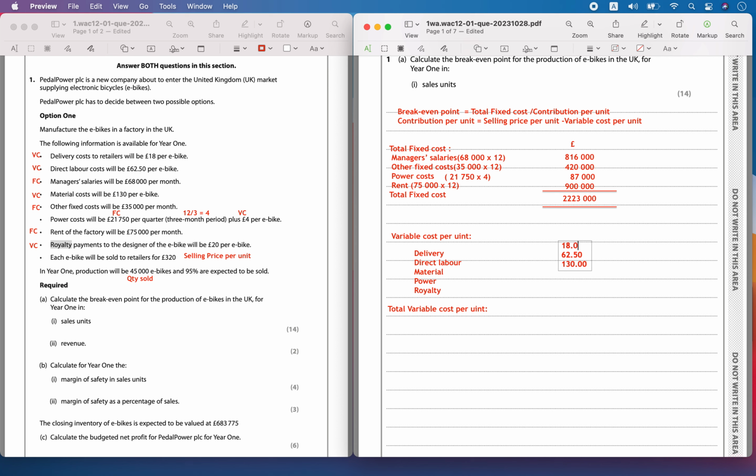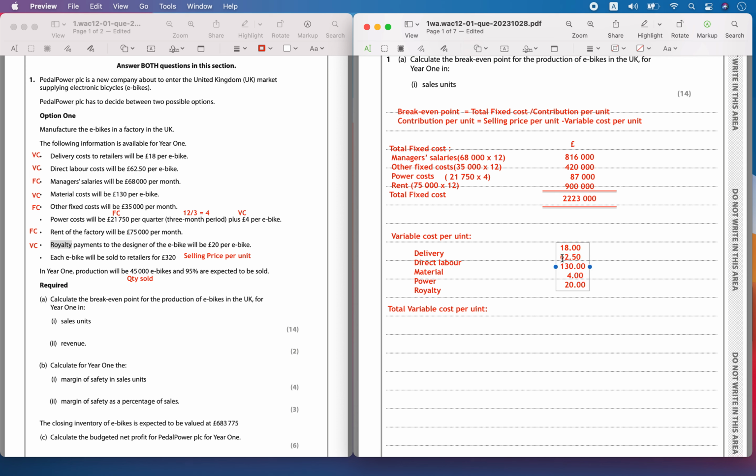And then the power is 4 pounds per bike, and the royalty is 20 pounds per e-bike.